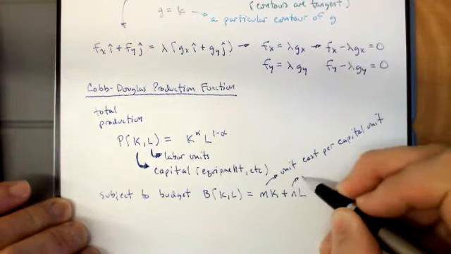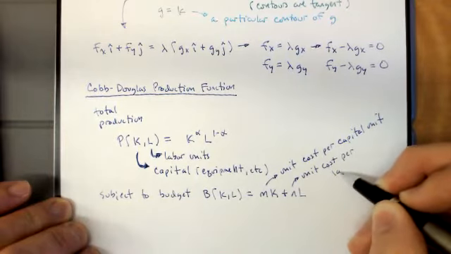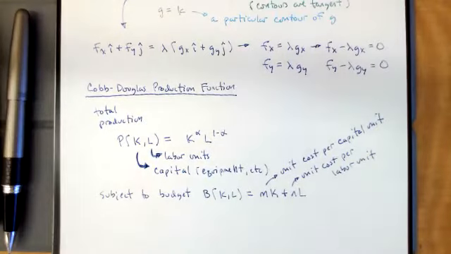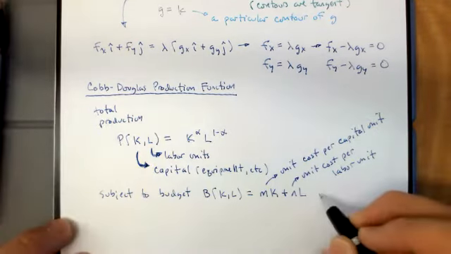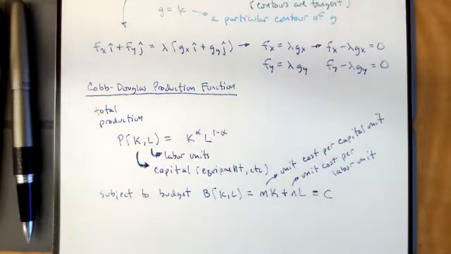And N will be the unit cost per labor unit. And this will be some fixed budget. So we have a Lagrange multipliers problem. We want to optimize, probably maximize, our production subject to a given budget.